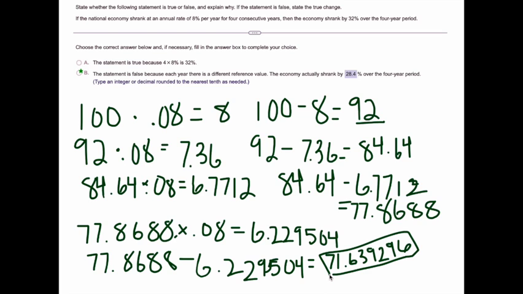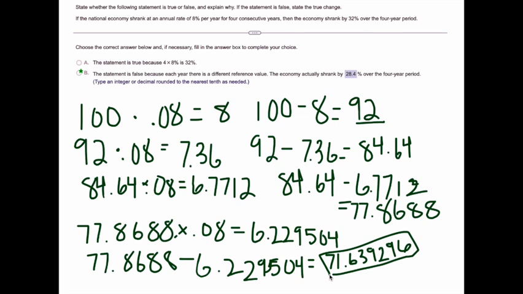We started with 100 and we ended up with 71.639296. Now, if we want to see if that difference is 32 or not, I would take 100 minus that 71.639296 number.